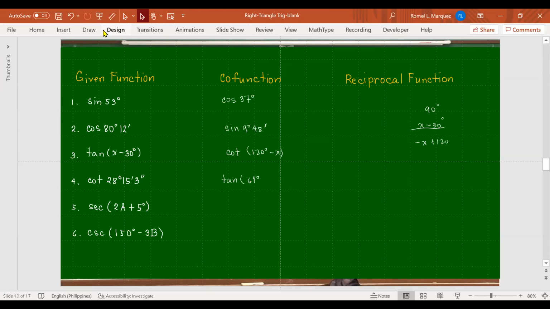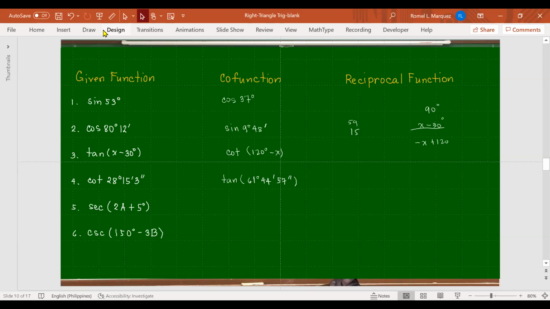So yung 1 degree, gawin nating 59 minutes plus 60 seconds. 59 minus 15 is 44 minutes. Yung 60 seconds minus 3, so that is 57 seconds. That's now the angle. Okay?